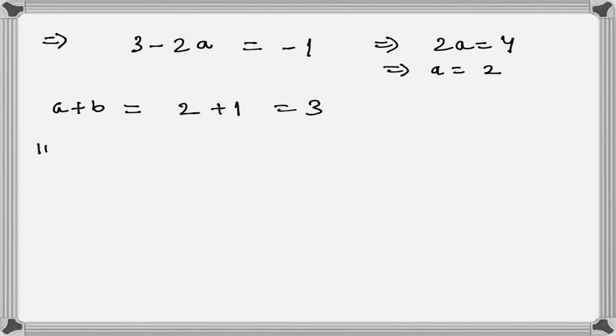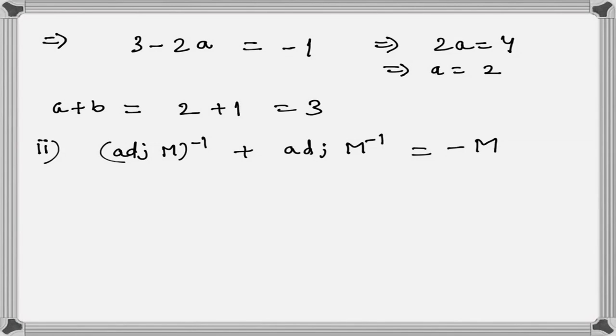Let's go to the second one. Let me write the expression: adjoint M inverse plus inverse of adjoint M is equal to minus M. This is what we need to show. Given we know the a and b values, what is M?